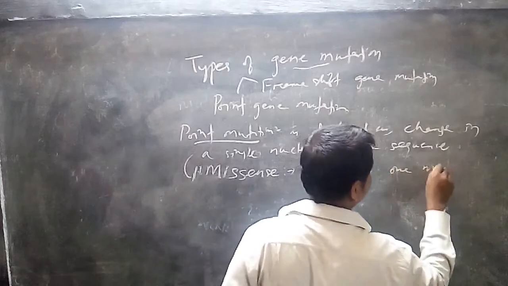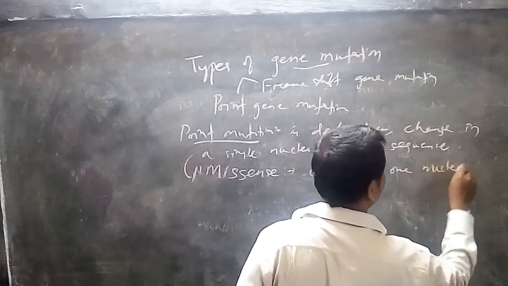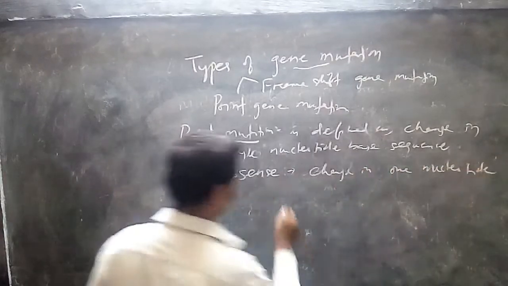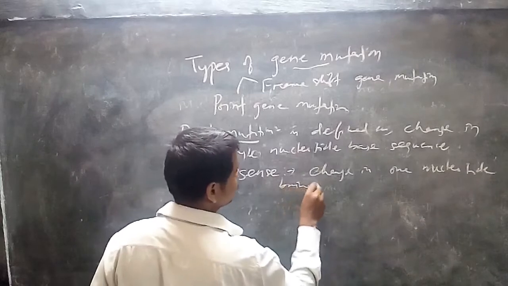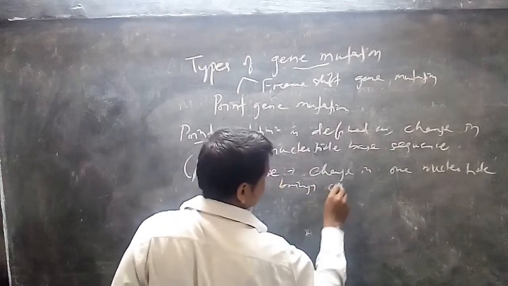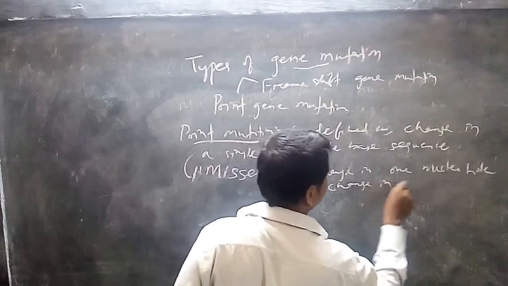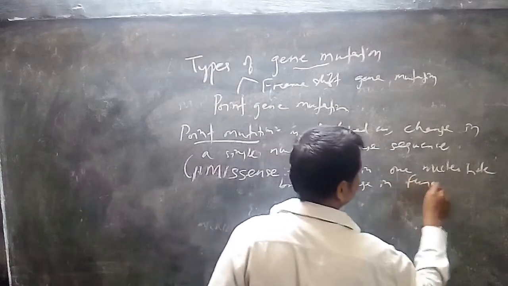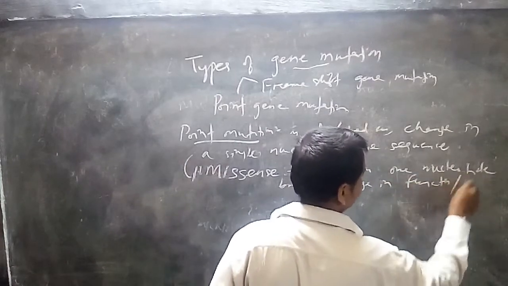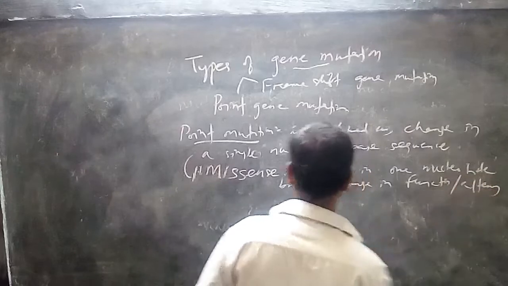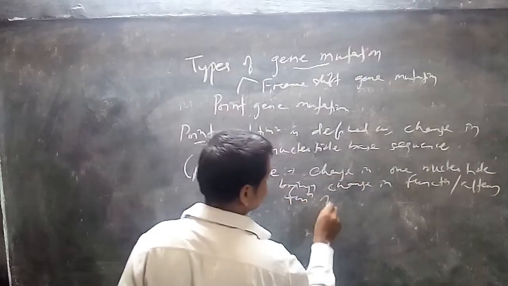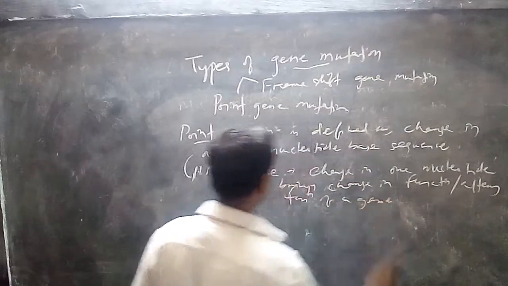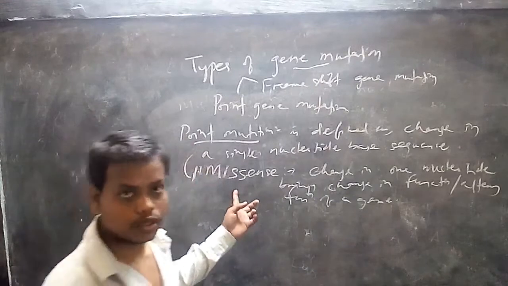A change in one nucleotide brings a change in function, or alters the function of a codon or a gene, then that is called missense point mutation.